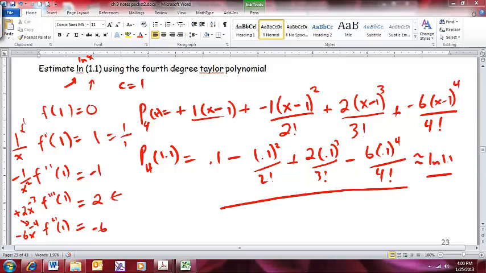And one of the things about Taylor polynomials, if you want them to be more accurate, just increase the degree. 4th degree is going to be good, but the 5th degree would be even better. 6th degree would be better, so on and so forth, up until you went to the Taylor series, which we'll talk about soon, which is all of them. And infinitely many terms ends up being no longer approximately, but equal to the natural log of 1.1. But you'll see that this converges very quickly to the actual value, so we don't need an infinite number of terms to get very good.